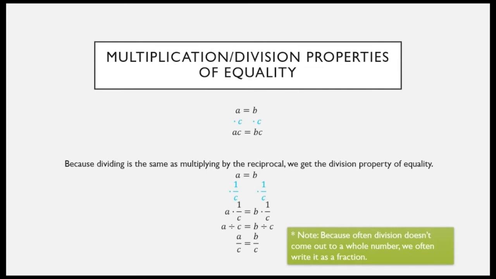The only time I ever write the division symbol is when I'm reducing fractions. If I'm solving, I never use the division symbol. I always write it as a fraction to indicate that I am dividing. This is because if you do end up with a fraction as your answer, you can see it, because you've literally written it as a fraction, and then you can see that you need to reduce it.